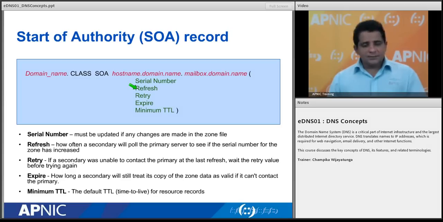You can have one secondary server or multiple secondary servers. The more servers you have, obviously you have more redundancy, but then you'll have to think about other factors like performance. So let's assume that you have one primary name server and one secondary name server.